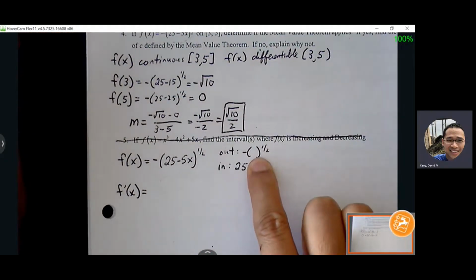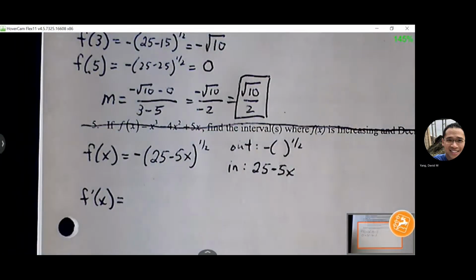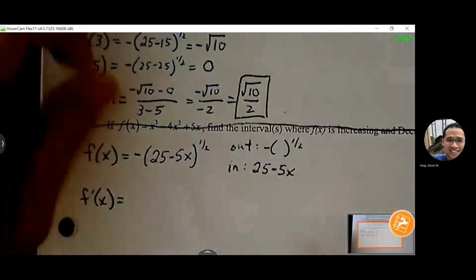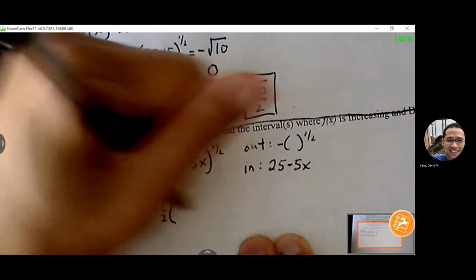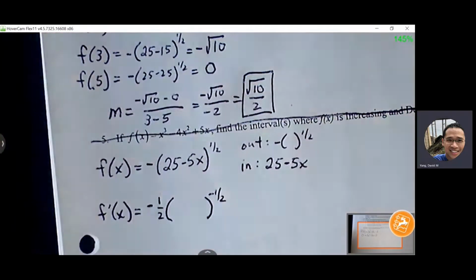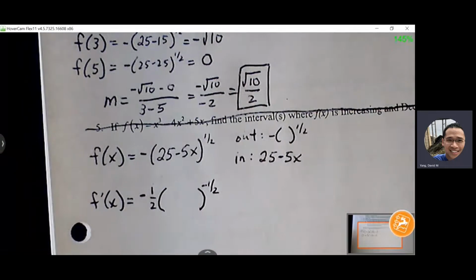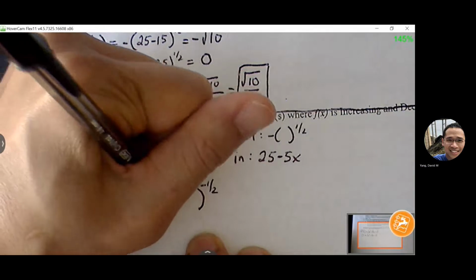So we go through power rule, bring down the 1/2, subtract 1 from the exponent, keep the inside intact.